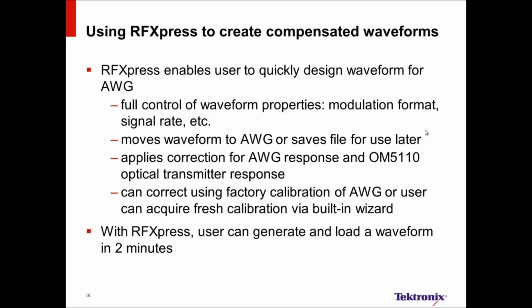This can be run on the AWG, or it can be run on a PC through LAN connection. And the whole process of doing the creation and calibration is very, very fast. We can do a generate and compensation within two minutes. And so this gives you the full capability of doing the calibration, and it does have a wizard in it that takes you through the steps in order to do this calibration.